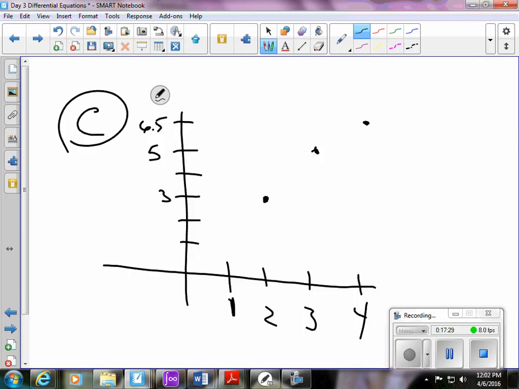We found that the slope between these 2 points was 2, right? And the slope between these 2 points was 1.5. But the mean value theorem says that there's got to be a place somewhere between the first 2 points where the slope of the curve actually is 2. See, that's the average rate of change if I draw a straight line. The actual curve is going like this. Right?